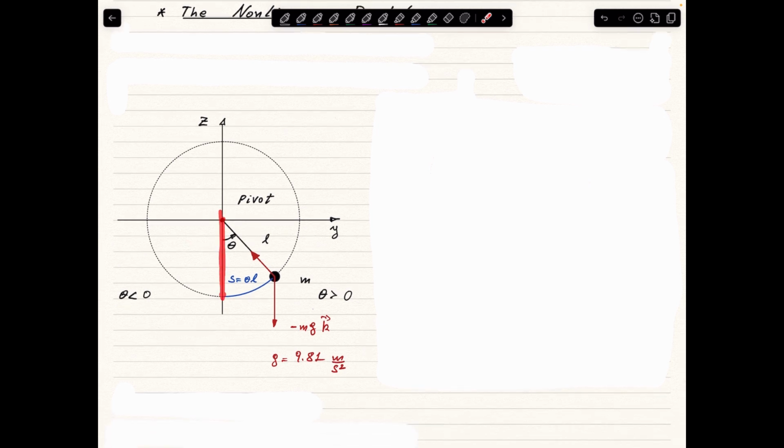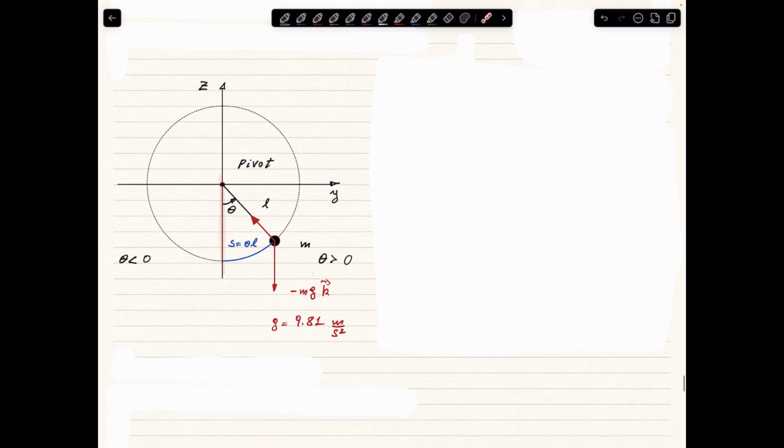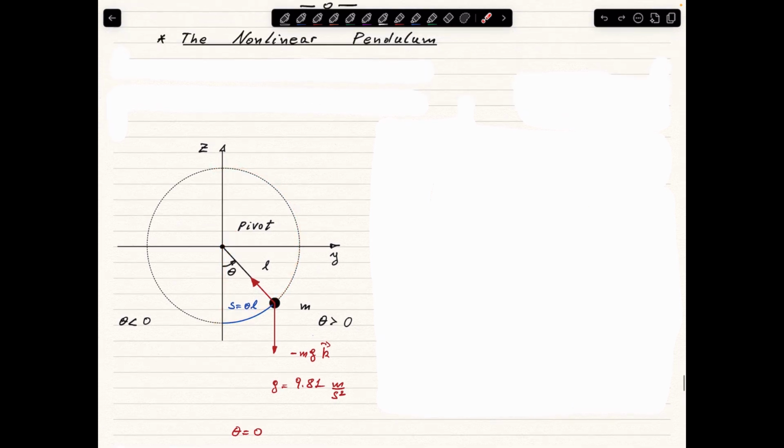Theta is going to be 0 here when the mass is there, and when the mass is here, then theta is going to be pi.